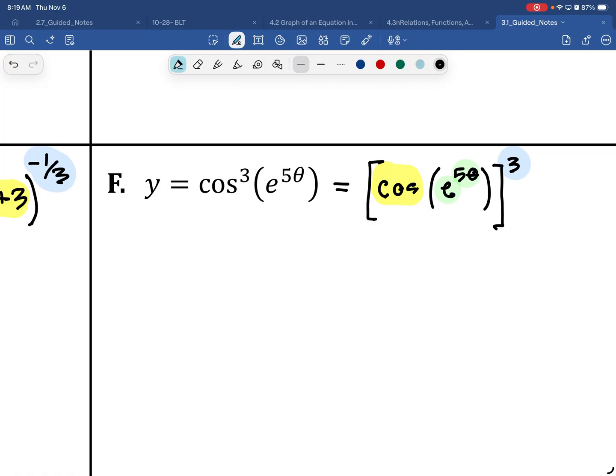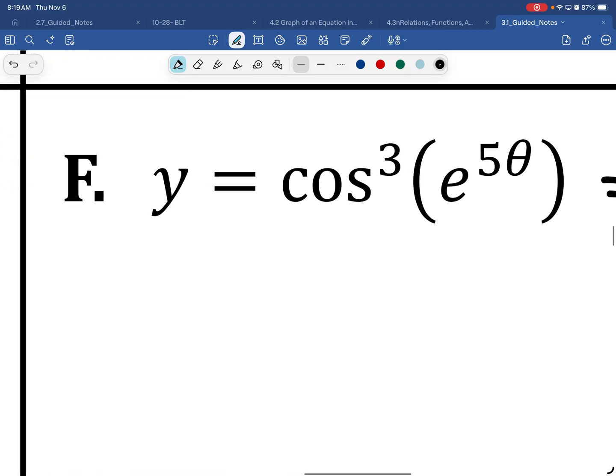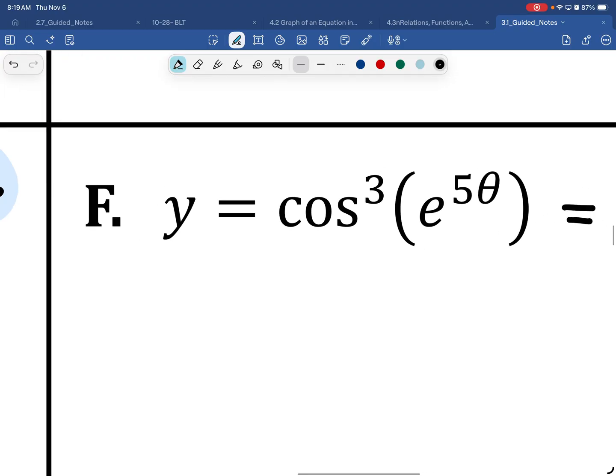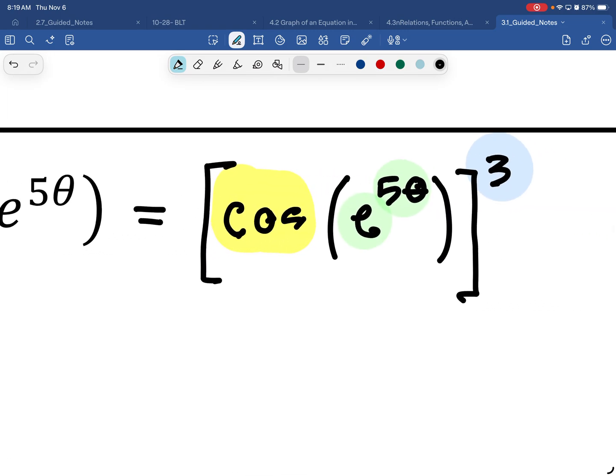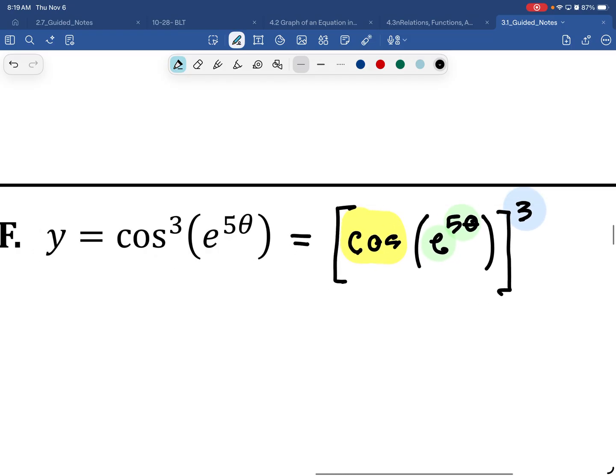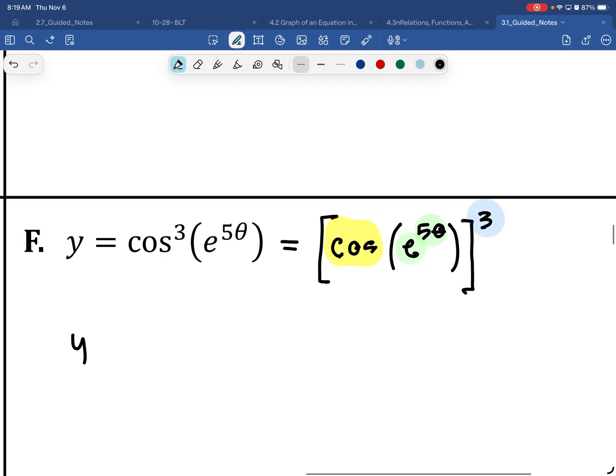You know what to do first? Would you be able to look at this and know what to do first? To me, that's tricky. But when I rewrite it, what's on the outside? Yeah. So I'm going to do the 3 power part of the derivative first.